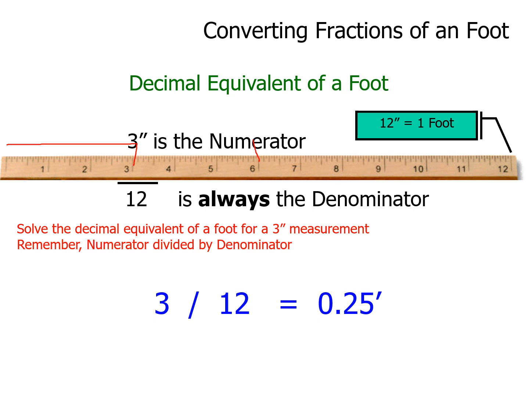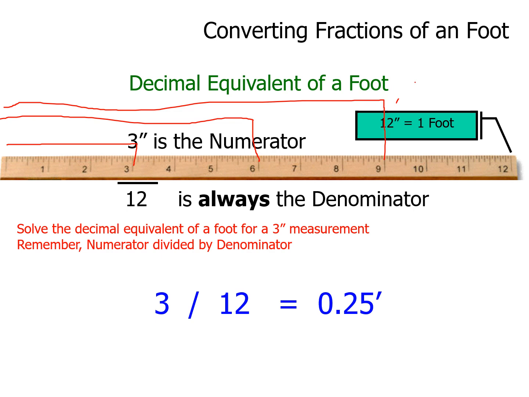Now 6 inches, that's 1/2 a foot, 0.5 feet. 6 inches divided by 12 is 0.5. 9 inches divided by 12 is 0.75 feet. It's 3/4 of a foot. Okay, so anytime we want inches converted into feet, all we do is divide it by 12. Inches divided by 12 converts it to feet.